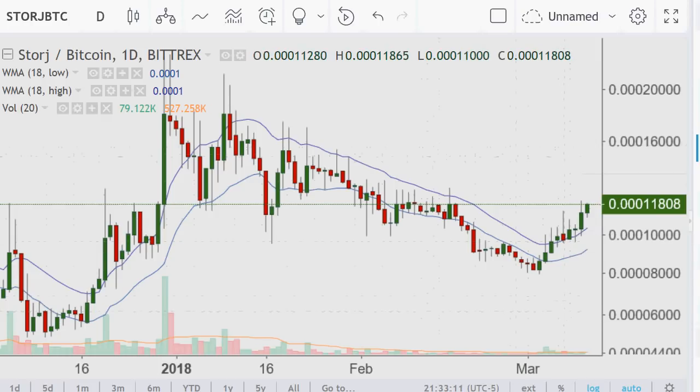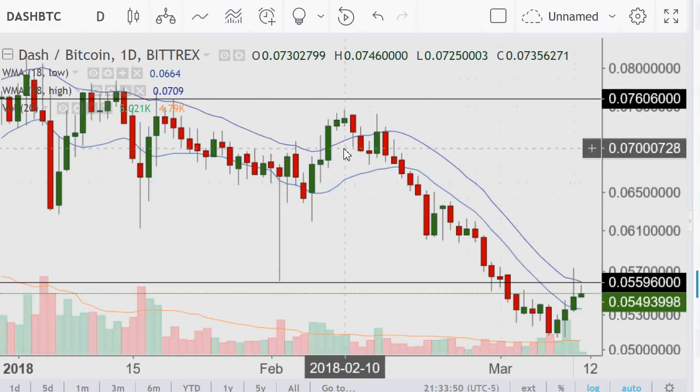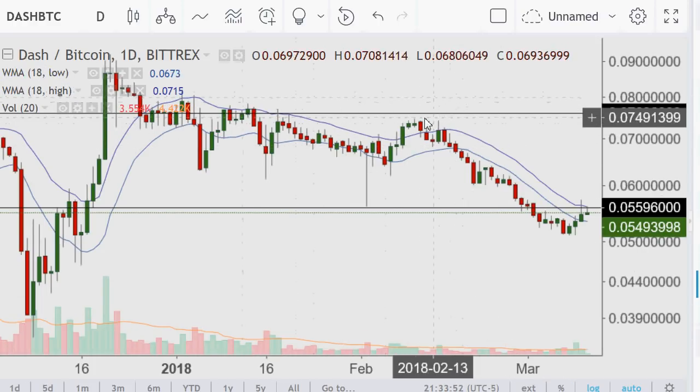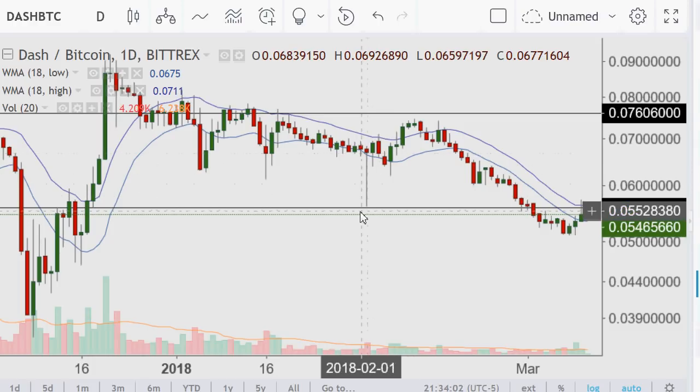All right, so I'm not done yet. Let's continue on. This is the Dash coin against Bitcoin, and key levels. Well, this level of support tested big time in a, I don't know what term you call these kind of days.